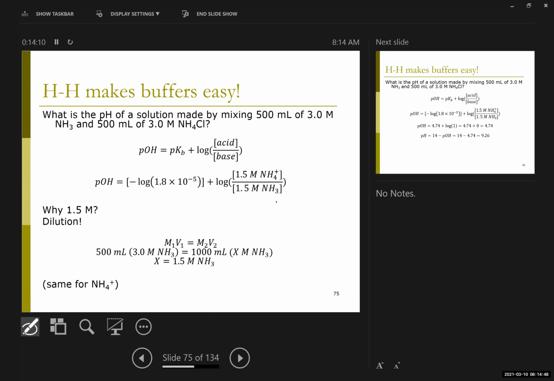Technically, it still should be the equilibrium concentrations, but I have fundamentally made the assumption here that the initial concentration is the equilibrium concentration because good old X is small. And we can guess that X is small because the Kb is small.